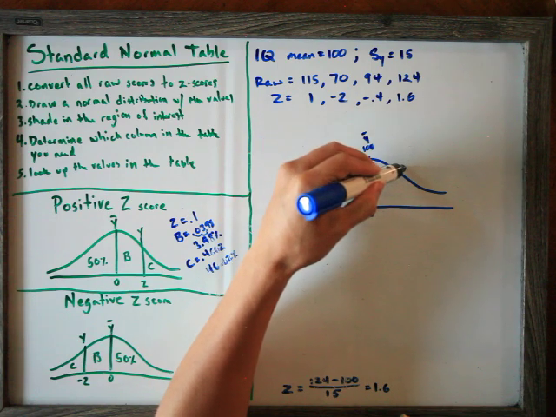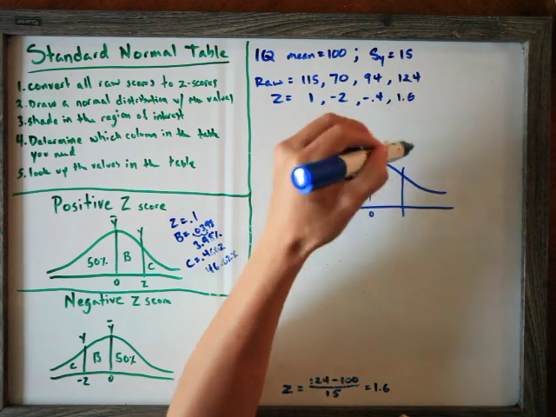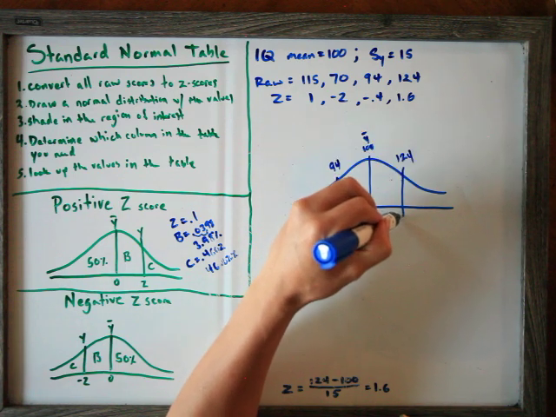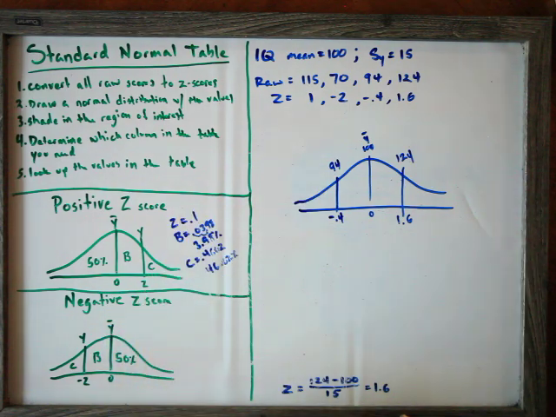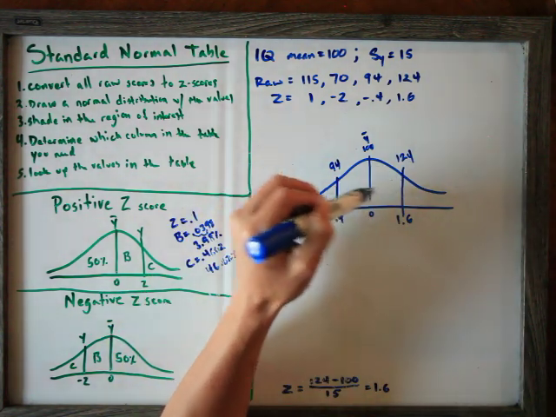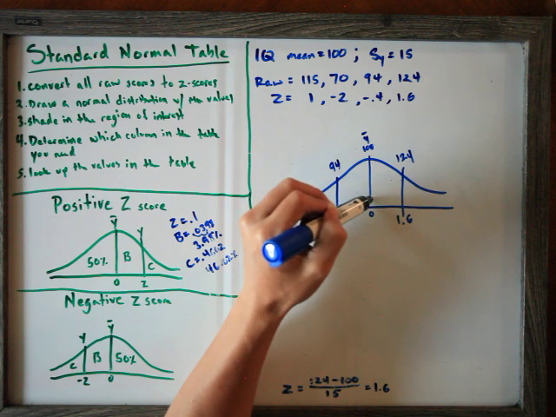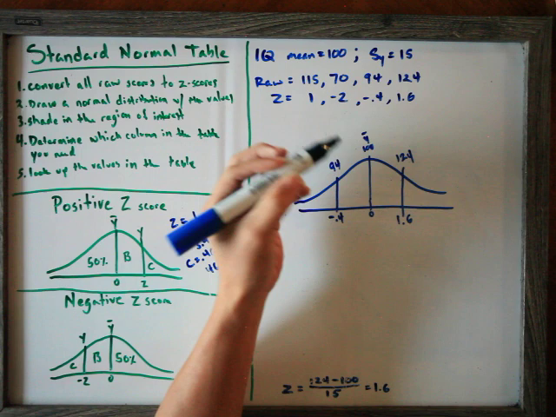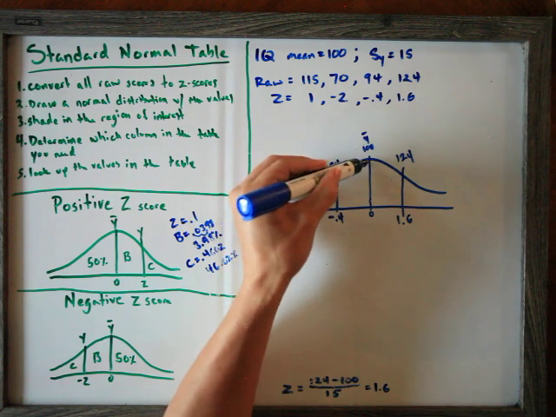And we're going to draw a line here for 124, because that's above the mean. And we're going to label that 1.6, because that is its z-score. So this region here, we are interested in the two regions that are between 94 and 124. Alright? So that's going to be this region here.